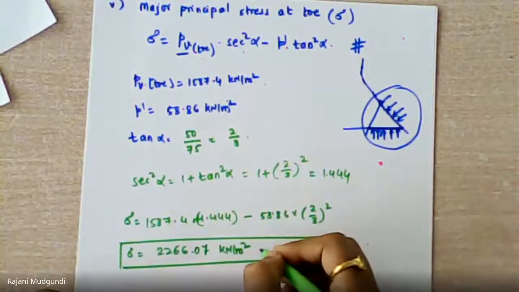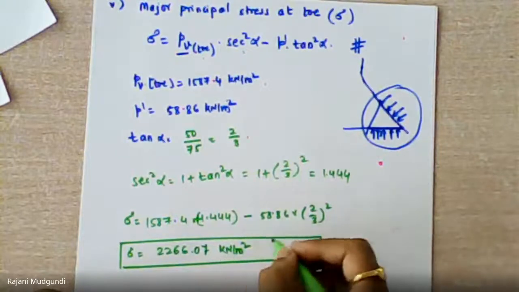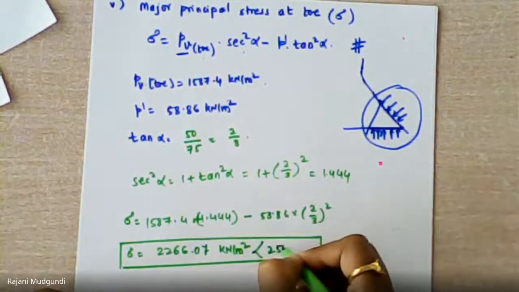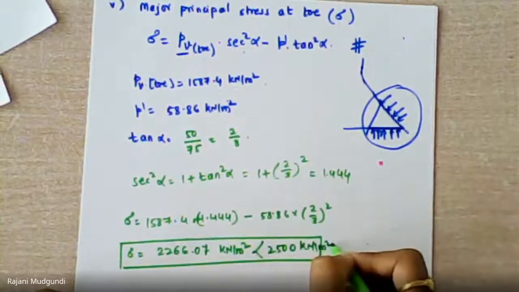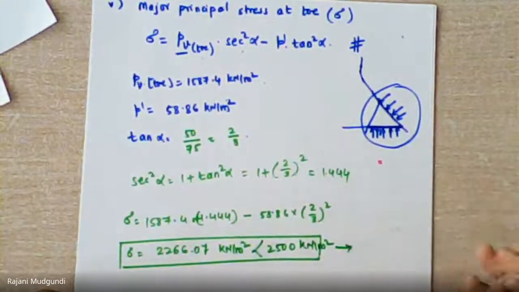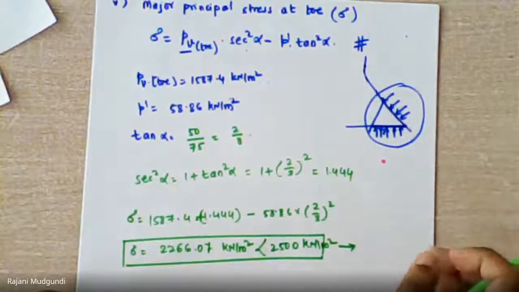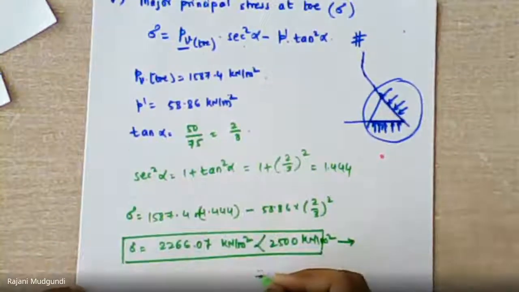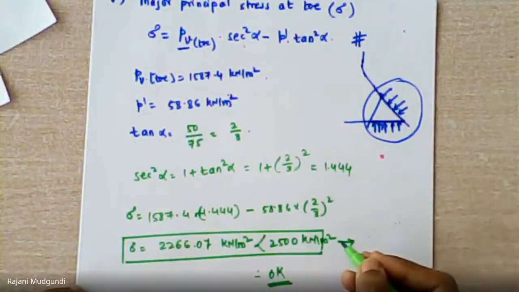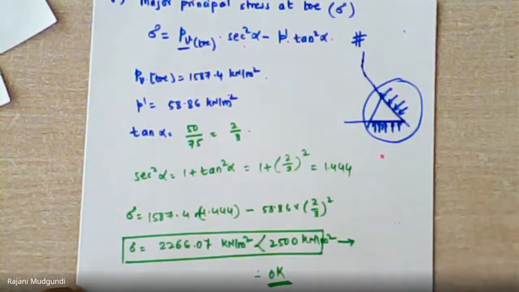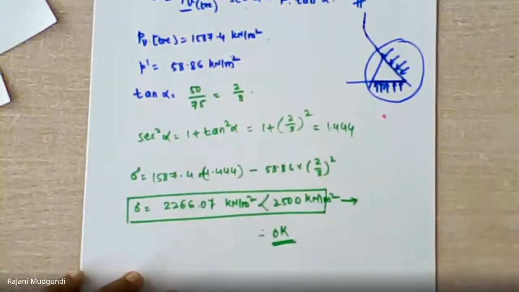Okay, no issue in that. So this value is less than 2500 kilonewton per meter square, which is generally the allowable compressive stress of concrete. So therefore it is okay, being this value is less than the allowable compressive strength of concrete.